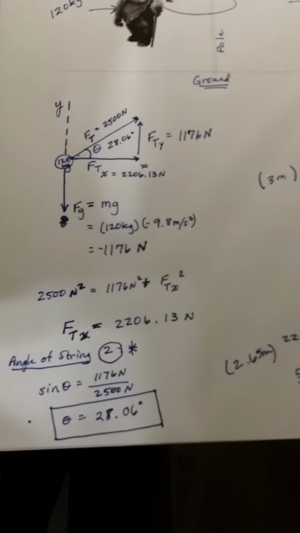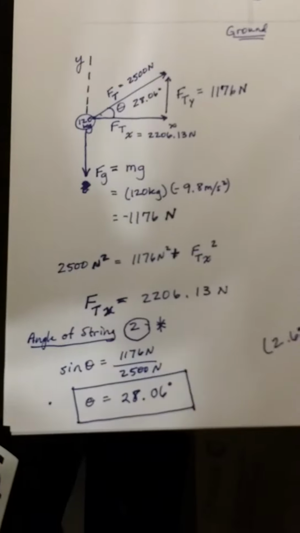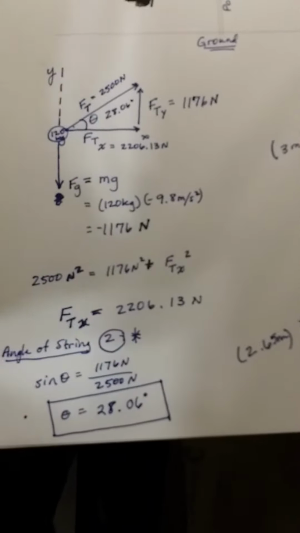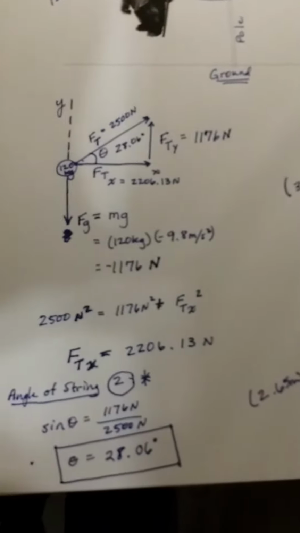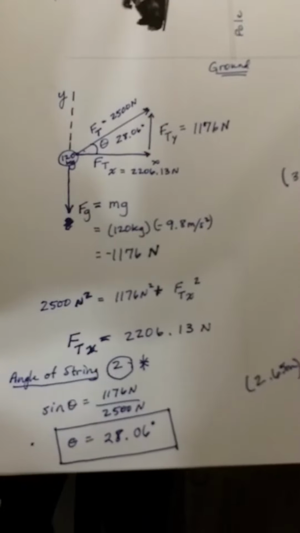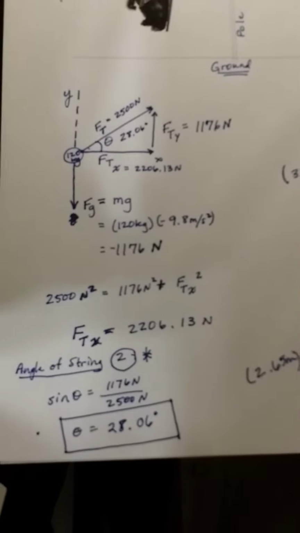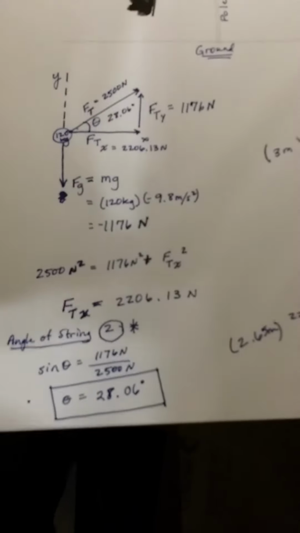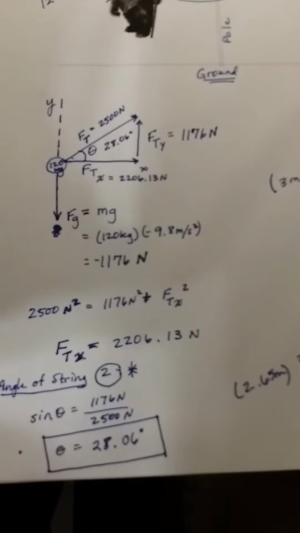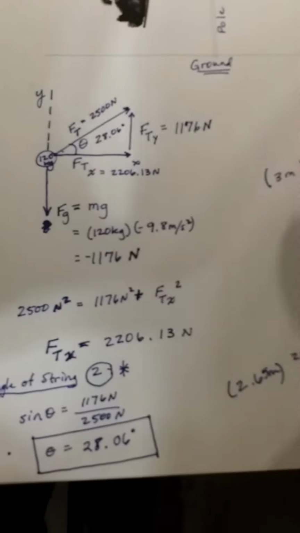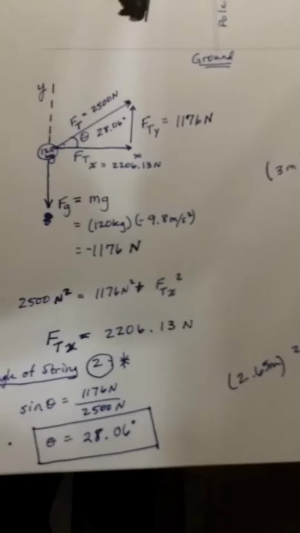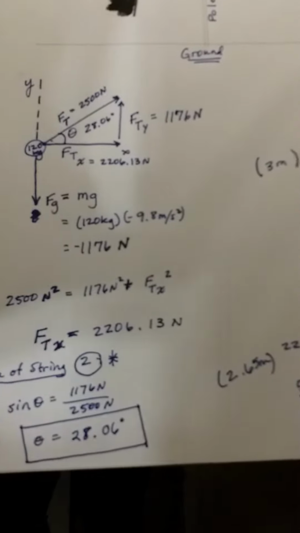Next, we're going to use the Pythagorean theorem to figure out what the force in the x direction would be, which comes out to 2,206.13 newtons in the positive x direction. And then by logic, we can assume that 1,176 newtons is also the force in the positive y direction.